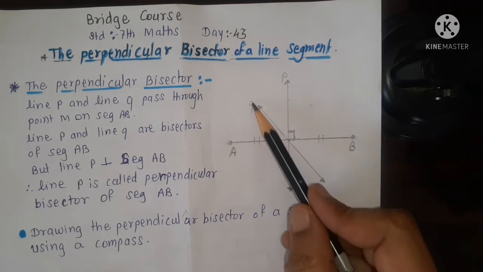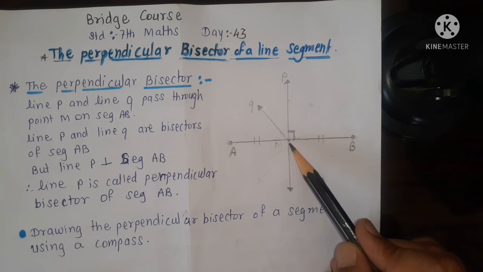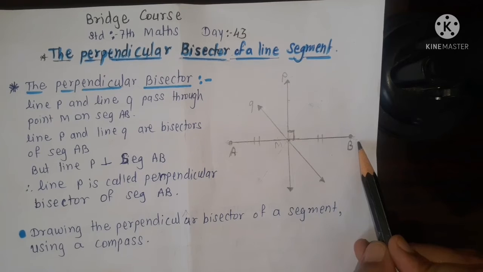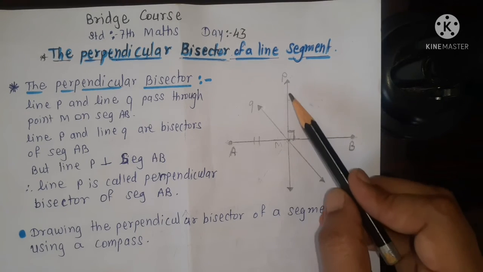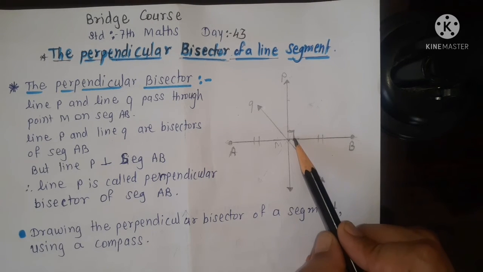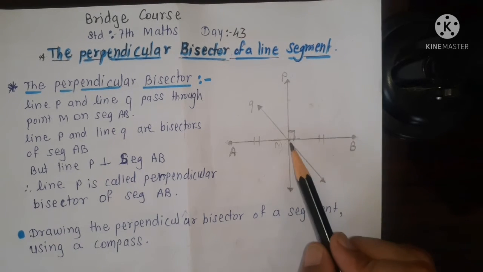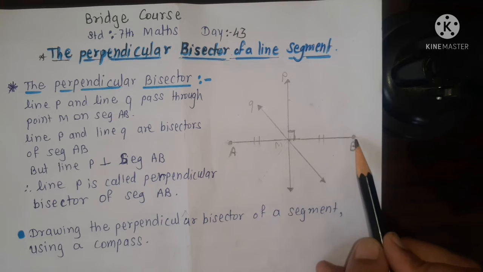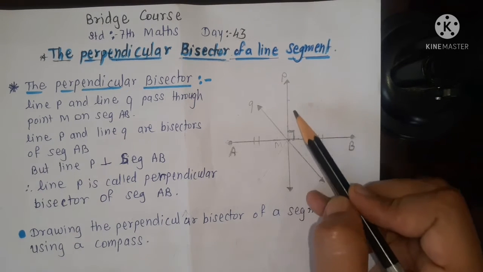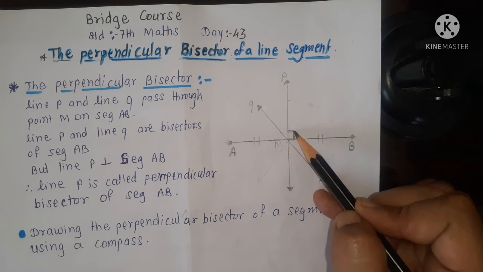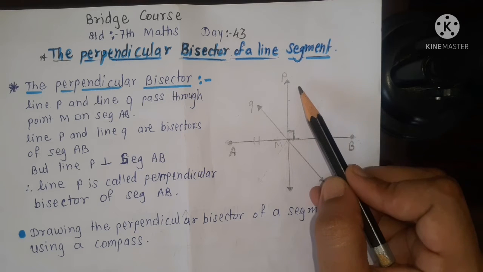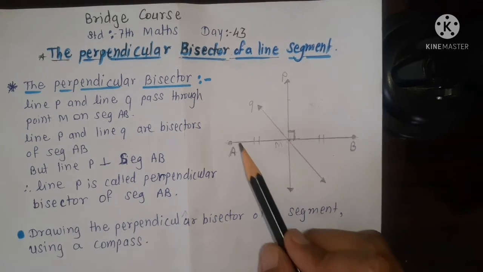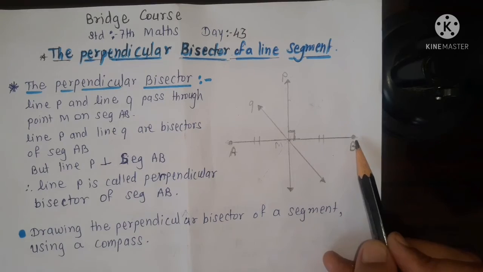So, line P and line Q are the bisectors of segment AB. When we measure angle PMB, it becomes 90 degrees. So, line P is perpendicular to segment AB. But line P is a bisector as well as perpendicular. Therefore, we say that line P is the perpendicular bisector of AB.